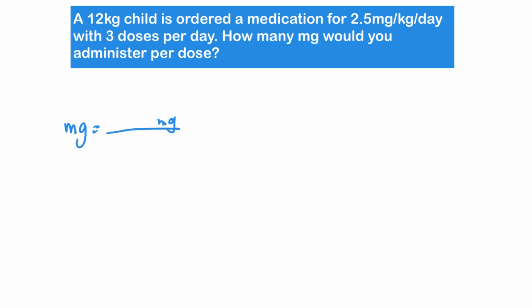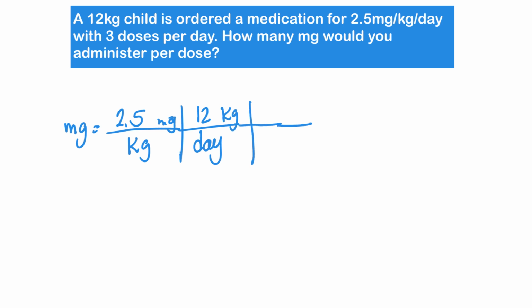Okay, what is available? 2.5 milligrams per kilogram per day. Okay, and how much does the child weigh? We have a 12-kilogram child. All right, and we are going to give 3 doses.